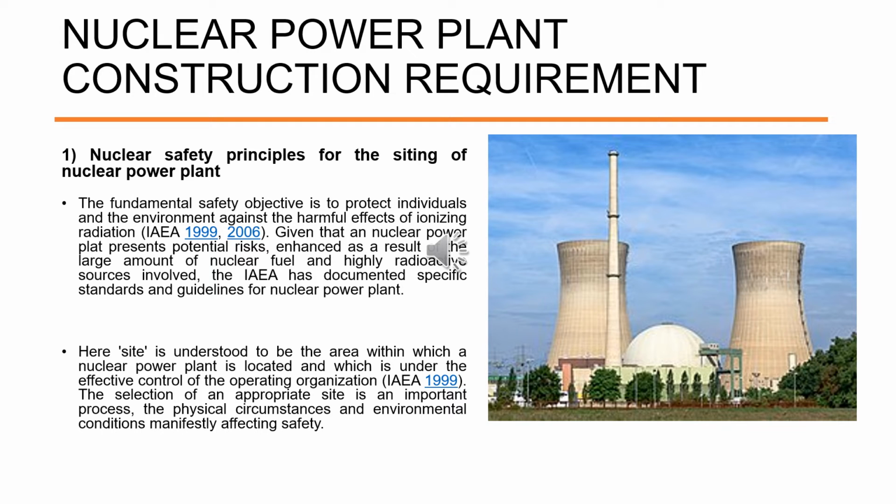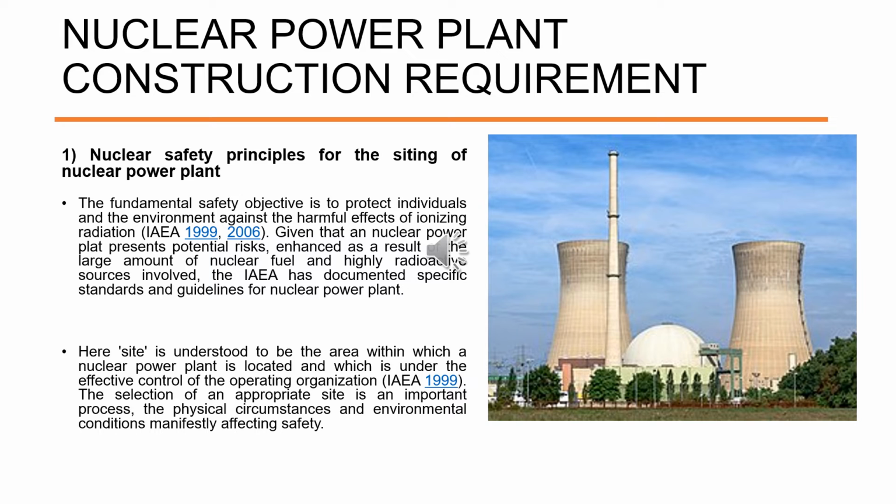Number two, external factors affecting the plant. Possible external hazards from local characteristics to the plant need to be identified. Safety measurement is planned early in order to determine the safety and suitability of the site before the nuclear power plant begins. Number three, radiological impact on the public and the local environment.